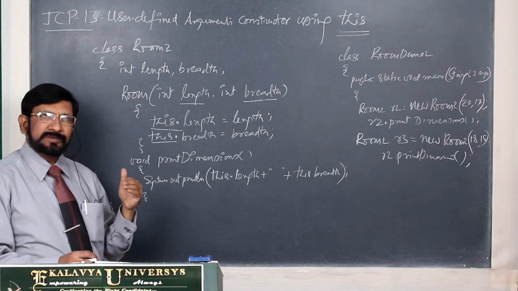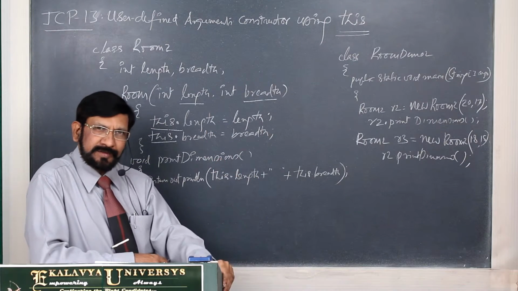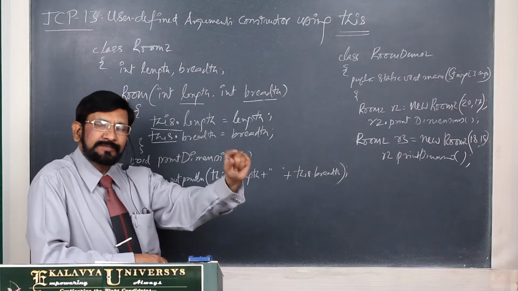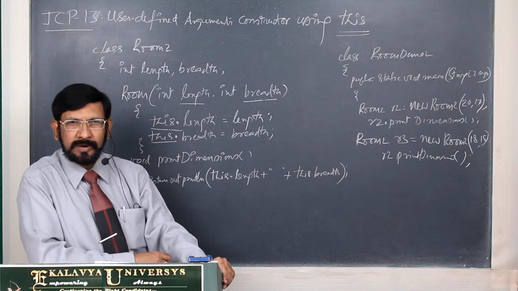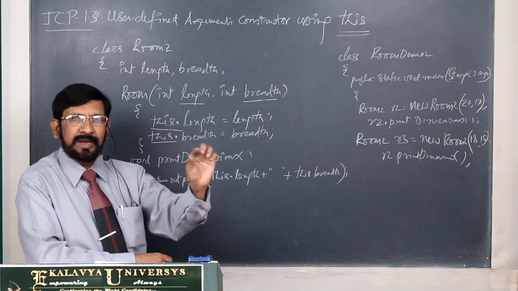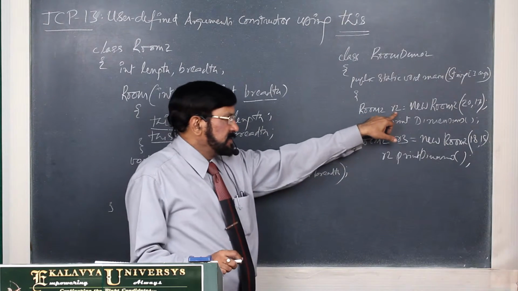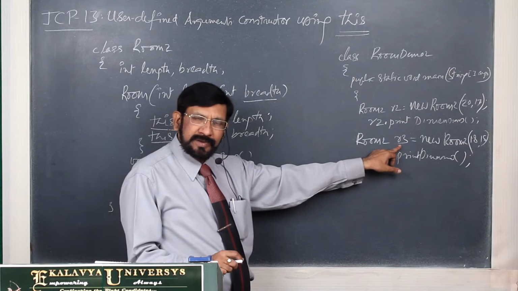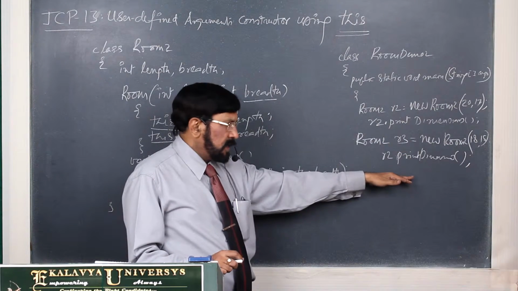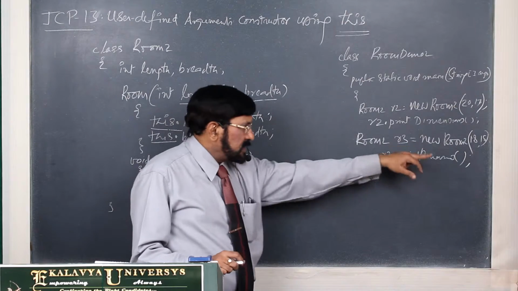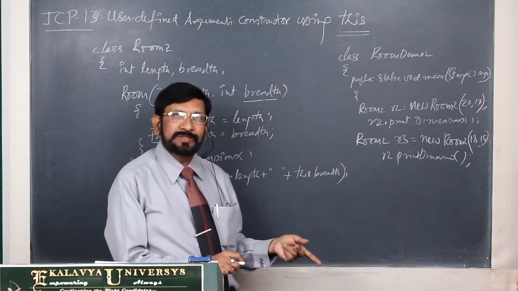So this is always an invisible reference. It represents the current object. The popular word people use is current object. This is the current object here, and this is the current object here. If you define more, like R4, then when the constructor is called for R4, this is R4.